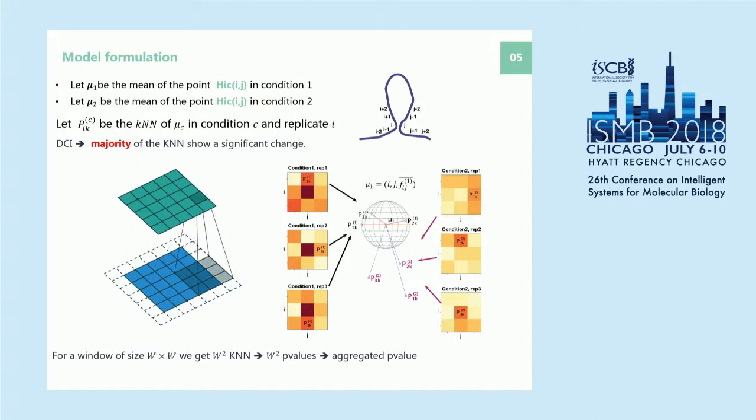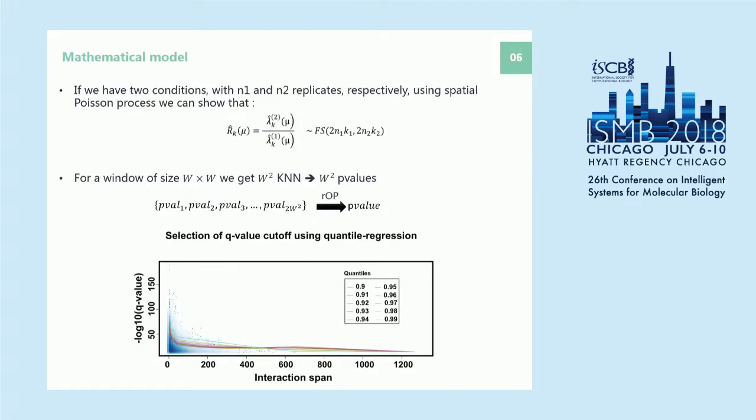For a window of w multiplied by w, we get about w squared k nearest neighbors. We get a p-value for each k nearest neighbor, and we aggregate these p-values. Mathematically, using a spatial Poisson process, which I don't show in detail here, we can show that the change in the intensity between condition 1 and condition 2 for a fixed k follows a Fisher distribution.